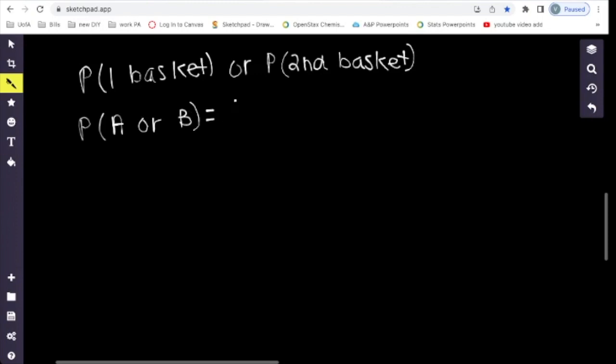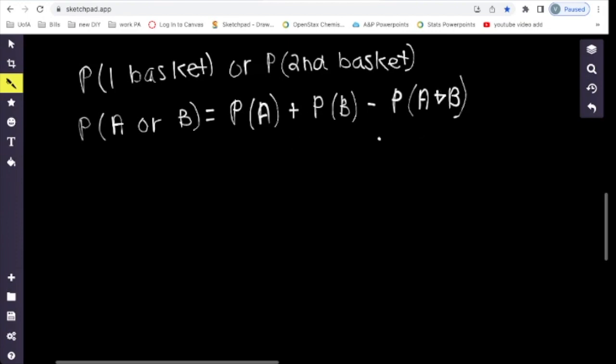So we need to find the probability of A occurring plus the probability of B occurring minus the probability of A and B occurring. So we found this before.